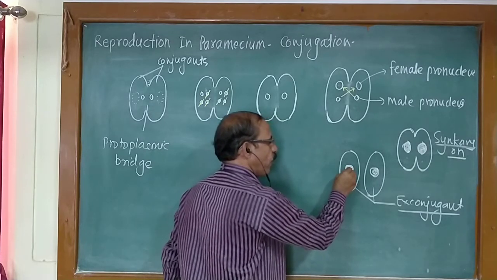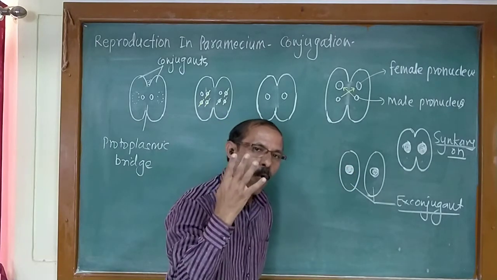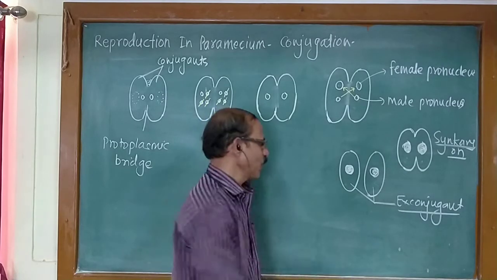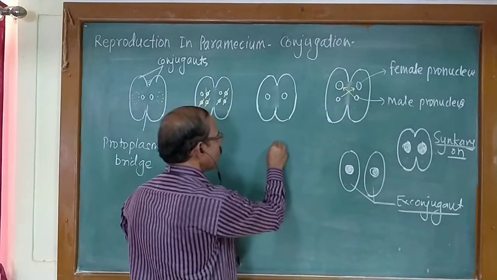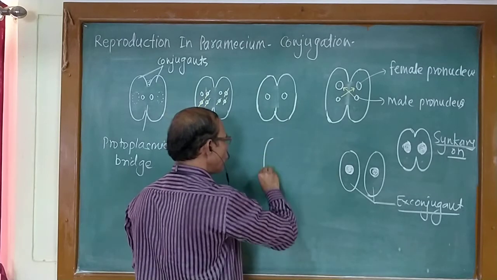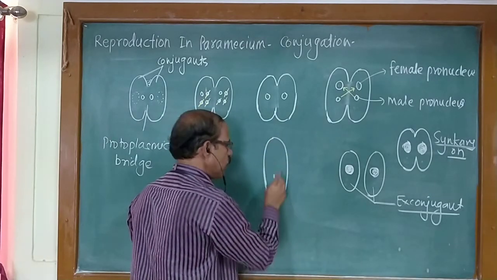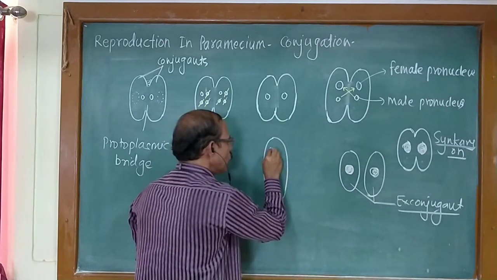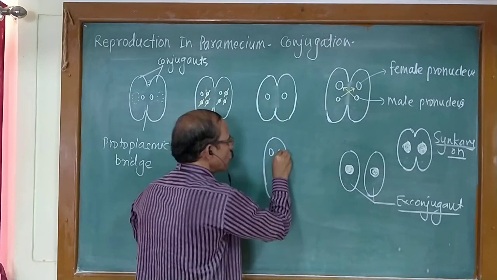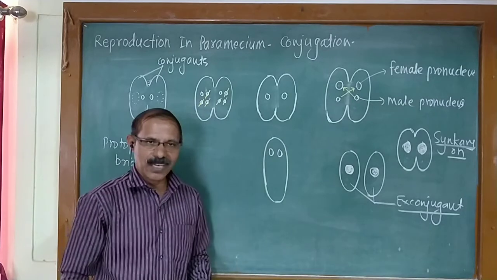This synkaryon undergoes divisions. See here, this is an ex-conjugant. During the first division, 2 nuclei are formed. Okay.